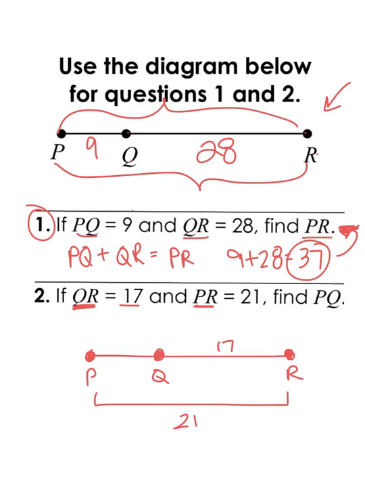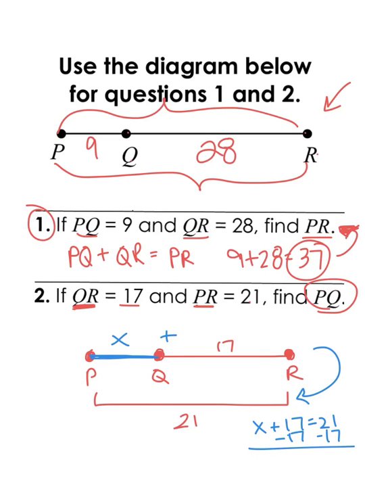They want us to find PQ. So how do I find PQ? Well, this line, whatever this is, when I add it with the 17, it'll need to give me the total length of 21. So I could look at it like x plus 17 equals 21. And then I can solve by getting rid of the 17 on both sides. So x equals 4.